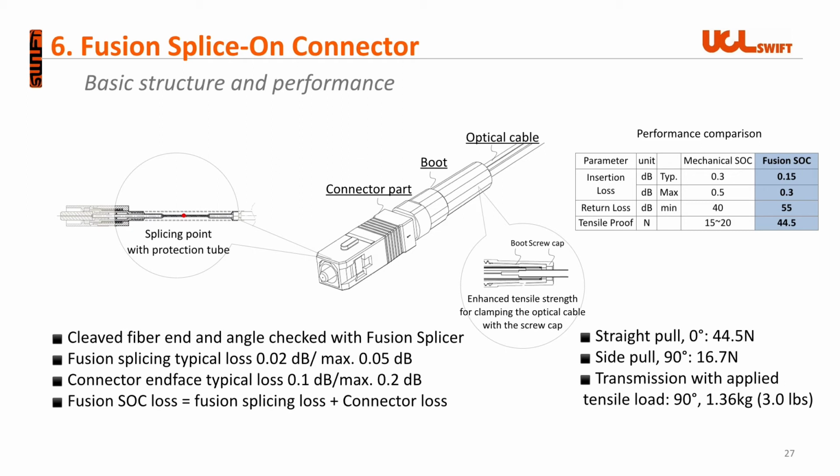Therefore, Fusion Splice-on connector loss can be less than 0.3 dB, and return loss is greater than 55 dB for UPC and 65 dB for APC. It also has great mechanical performance, such as 4.5 kg force straight pull at 0 degrees and 1.7 kg force side pull at 90 degrees of the proof test.